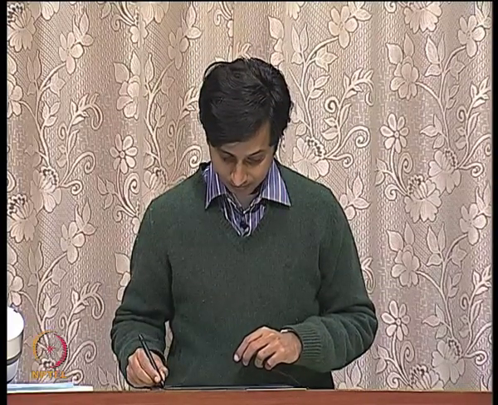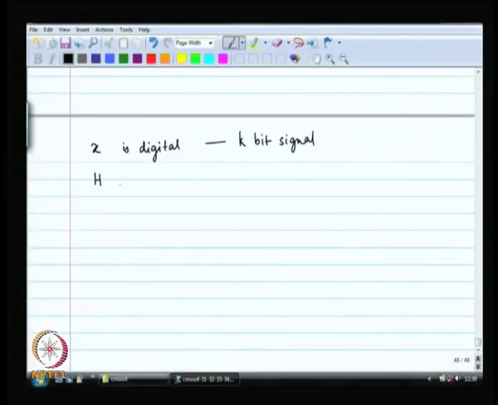the loop filter H, capital H, is what? What is the loop filter? It is a set of adders, multipliers, delays. So, it is a digital filter.